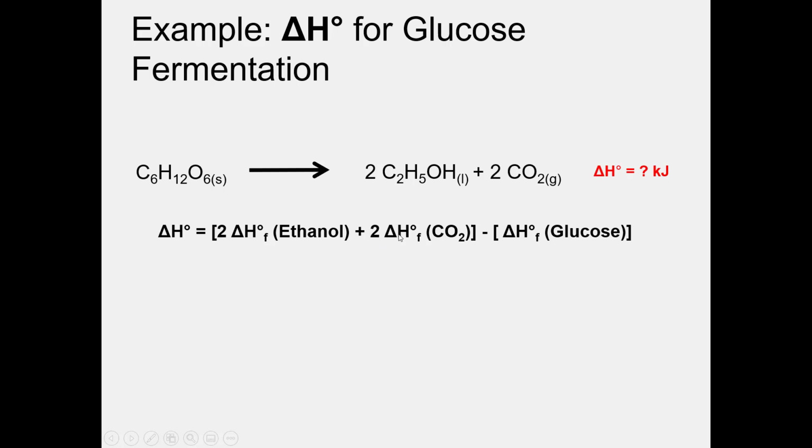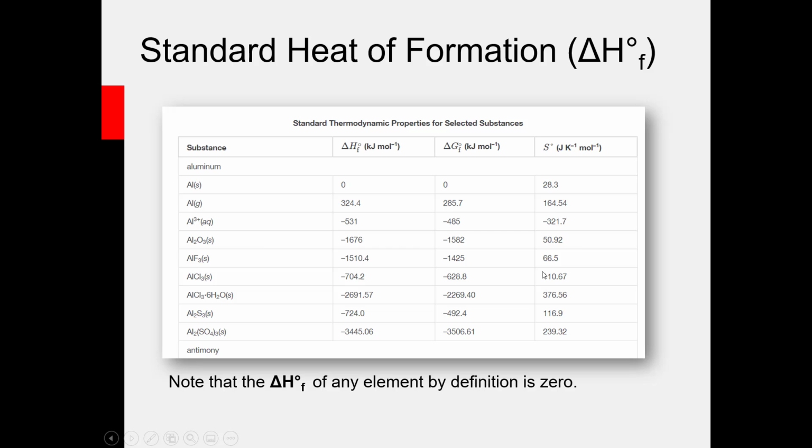Plus 2 times the enthalpy of formation for carbon dioxide. And again, the 2 is the stoichiometric coefficient in the reaction. And from that, we subtract 1 times the enthalpy of formation for glucose because we started with 1 mole of glucose. To get our values for our enthalpies of formation, delta H naught f, we go to Appendix G in your textbook.